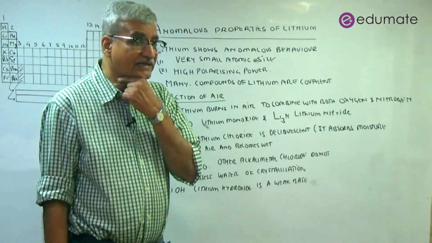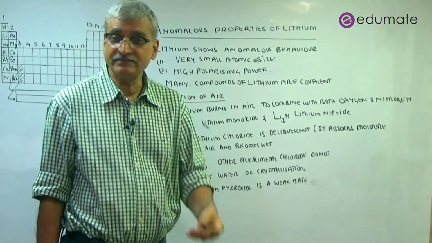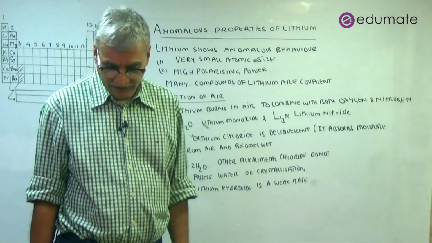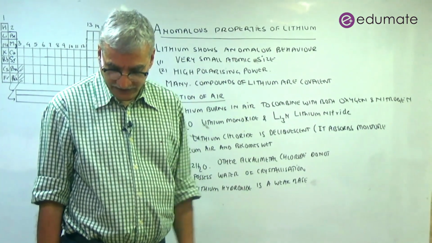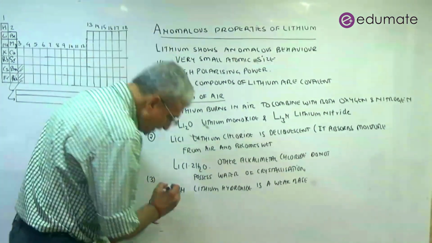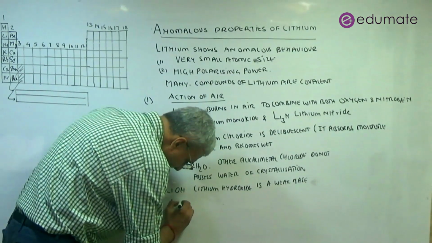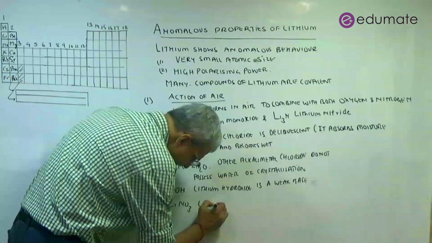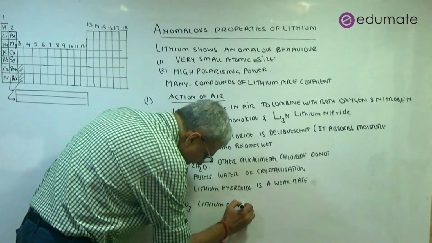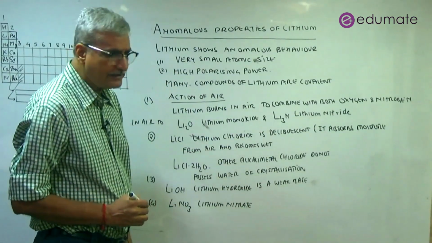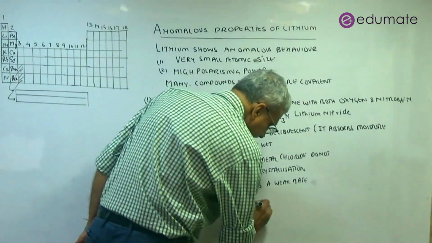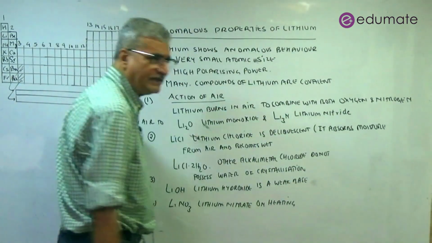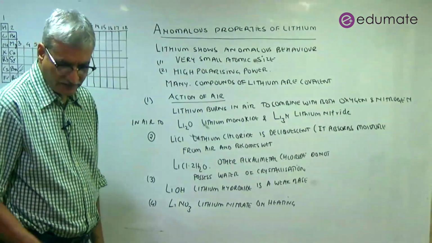Generally, like you've seen with potassium nitrate, it gives the nitrite and oxygen. But here, lithium nitrate, LiNO3, on heating gives lithium monoxide. What does it give?